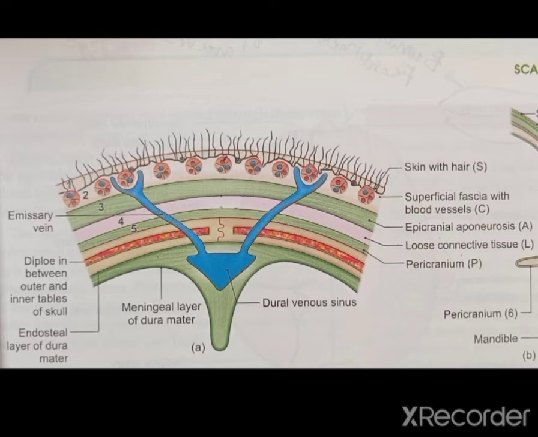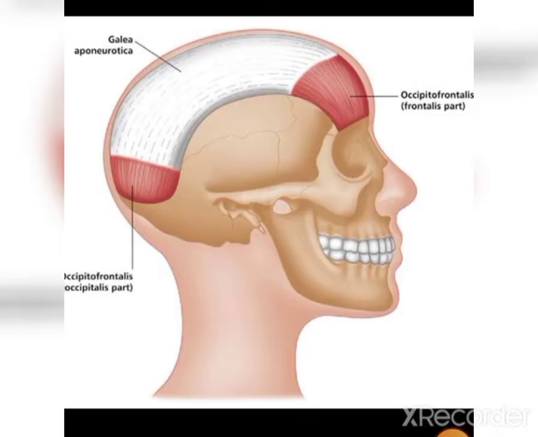And the third one is the epicranial aponeurosis, also known as galea aponeurotica. It is freely movable on the pericranium along with the overlying adherent skin and fascia. As you can see in this image, anteriorly the epicranial aponeurosis receives the insertion of the frontalis.